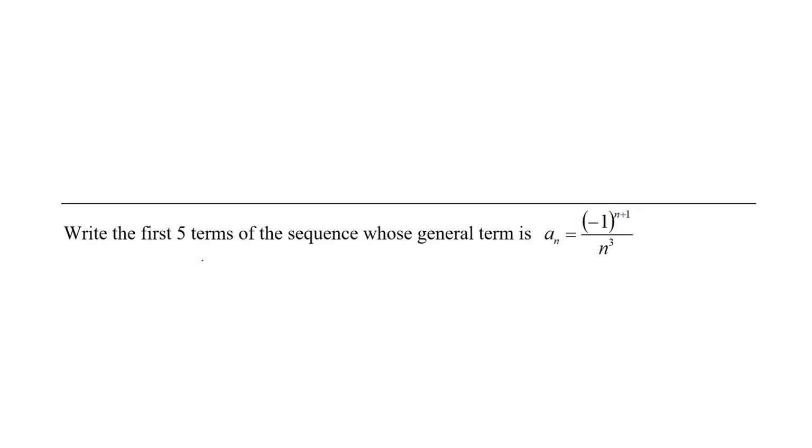Okay, so write out the first 5 terms of the sequence whose general term a sub n is equal to negative 1 to the n plus 1 over n cubed. So again, every term is going to be a fraction. In your denominator, 1 cubed is 1, 2 cubed is 8, 3 cubed is 27, 4 cubed is 64, and 5 cubed is 125.